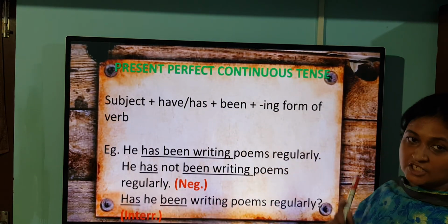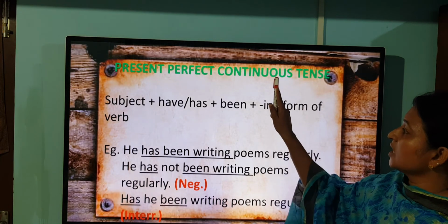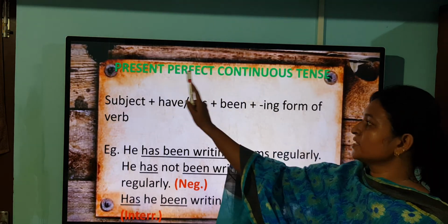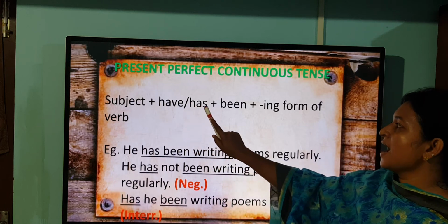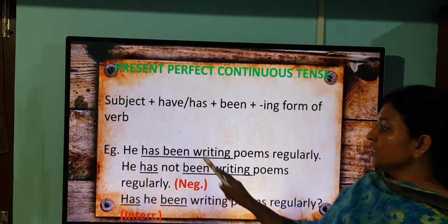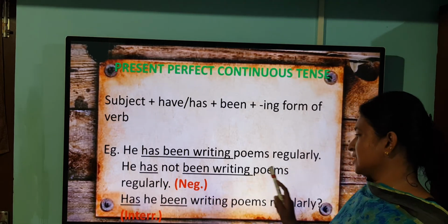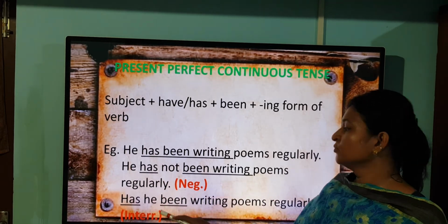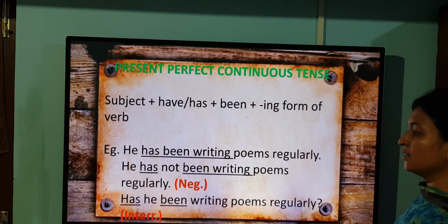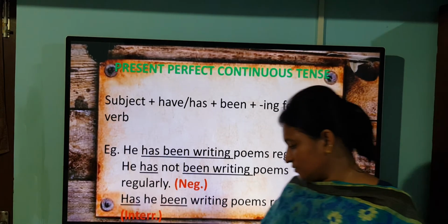Present perfect continuous. Continuous is ing. How to show present perfect continuous? Have or has plus been. He has been writing poems regularly. He has not been writing poems regularly. That is negative. Has he been writing poems regularly? That is interrogative.